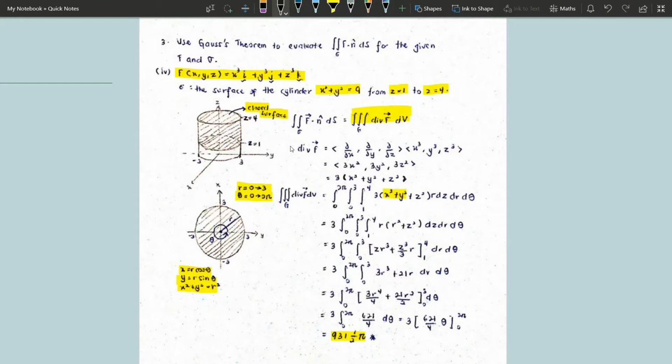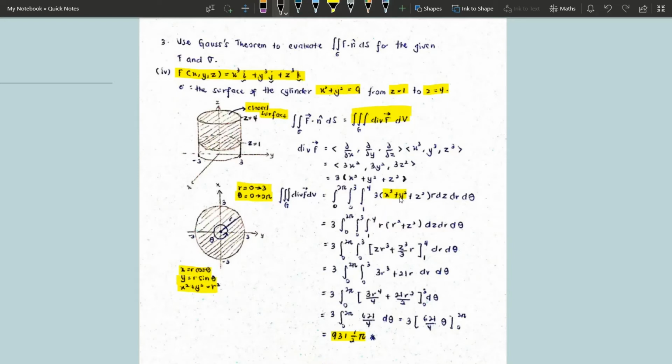As we all know, the equation for the surface integral of F dot dS is the triple integral of divergence F dV. For the divergence of F, we get 3 multiplied with (x squared plus y squared plus z squared). With the value of divergence F, z, theta and r, we put all of it into the equation. So the equation will be 3 multiplied with (x squared plus y squared plus z squared) multiplied with r dz with the limit 1 to 4, dr with the limit 0 to 3, and d theta with the limit 0 to 2 pi.